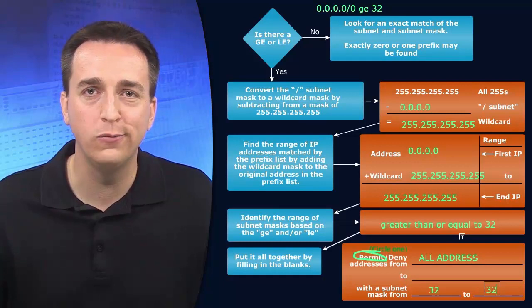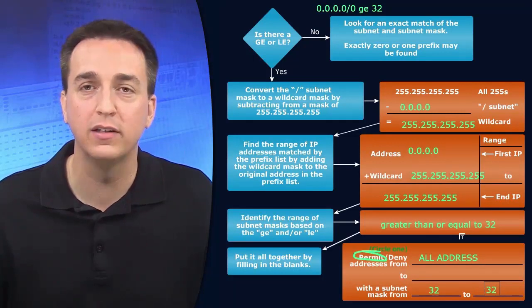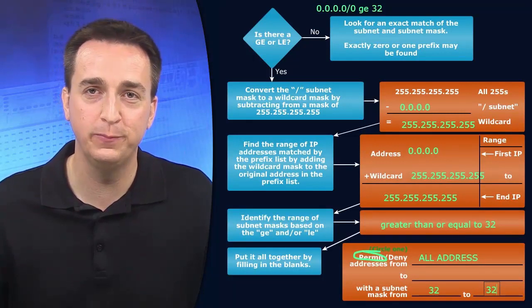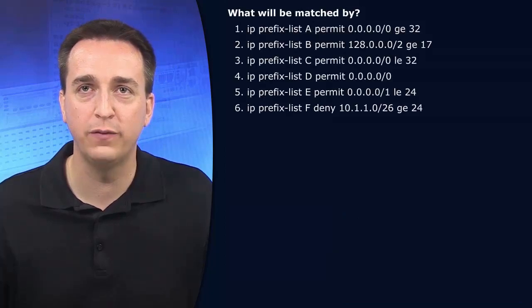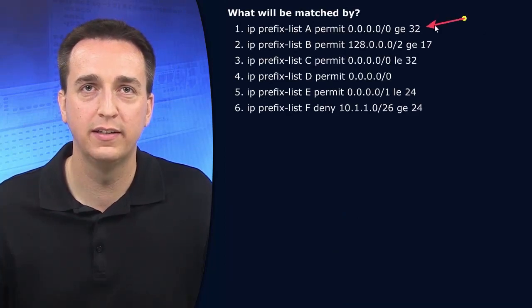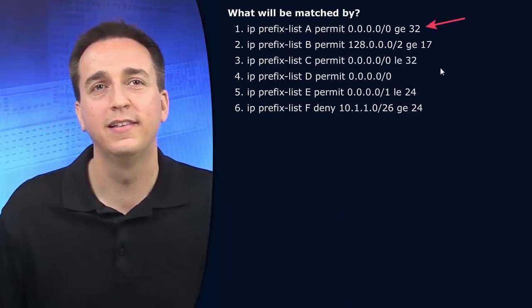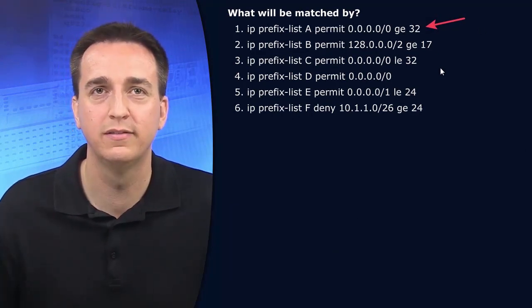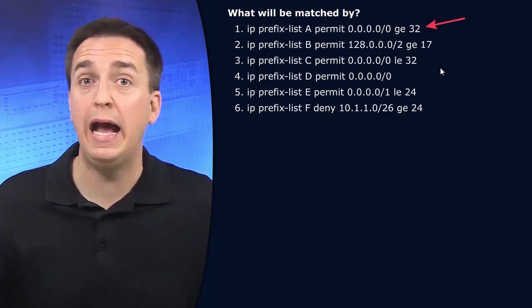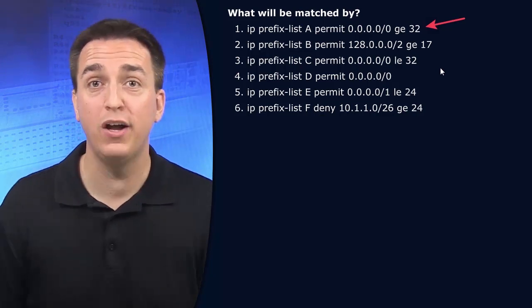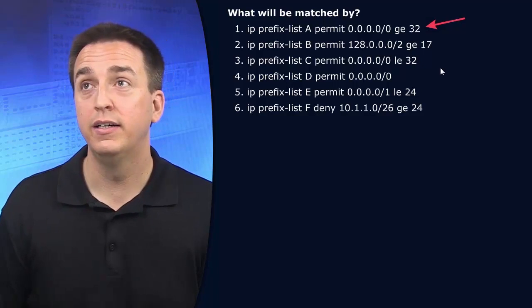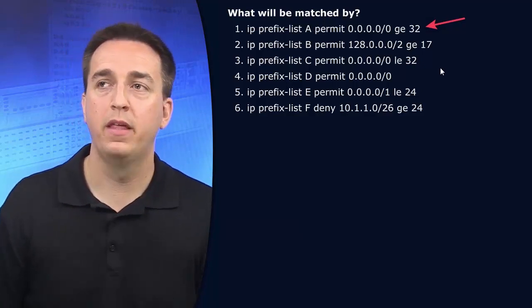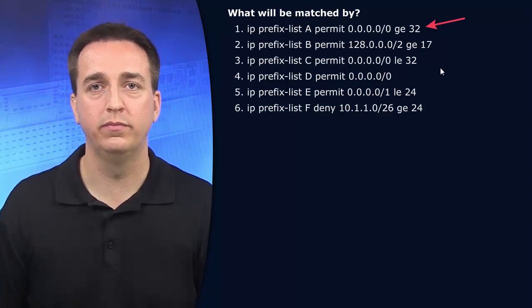Any route with a subnet mask of /32. So that's what this first prefix list is going to be permitting. Host routes. So if we had a route that was 10.1.1.8/28, is that a host route?